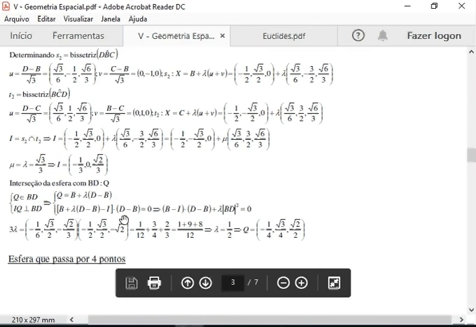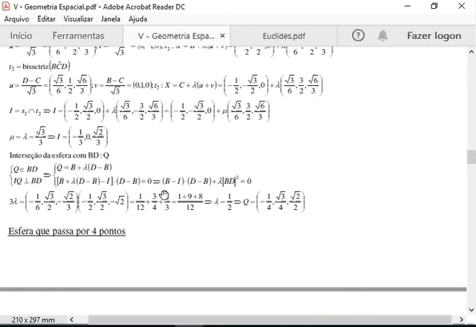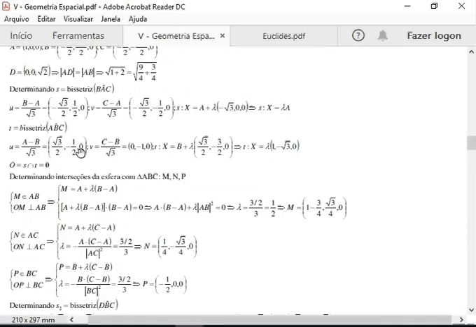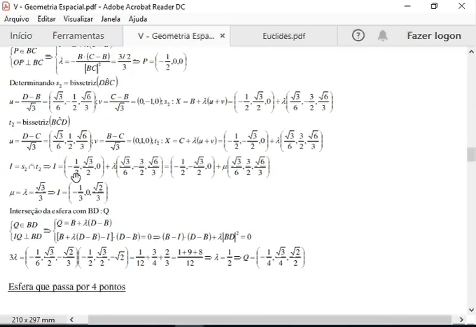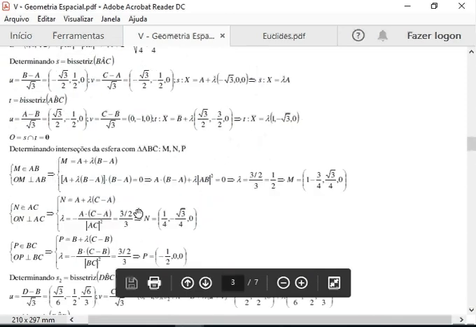So (B minus I) times (D minus B) plus lambda (D minus B) squared is equal to 0. Who is lambda? It's easy to calculate B minus I. Here is I, here it is B.